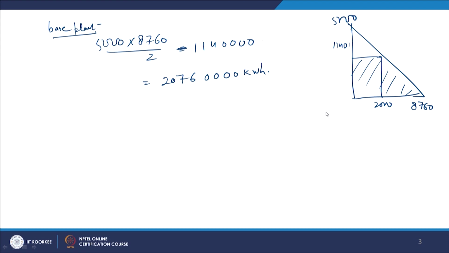So, the annual cost of station B, that is the base load, B is base load, right.